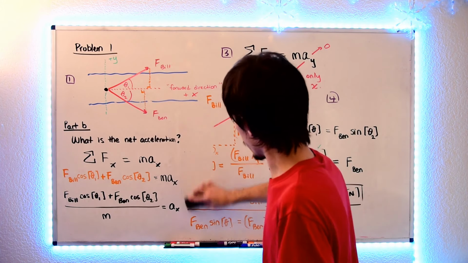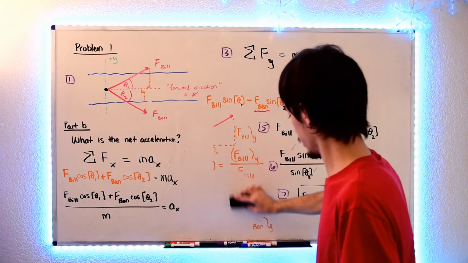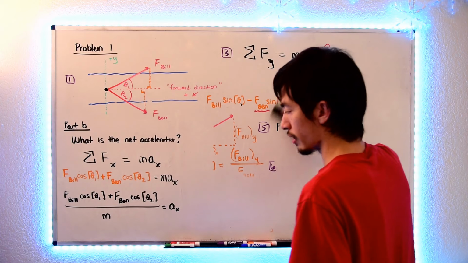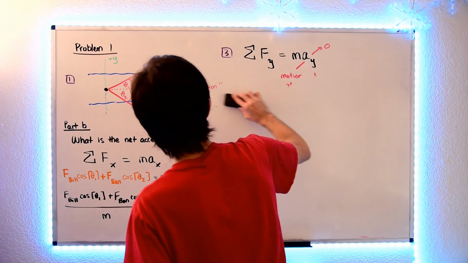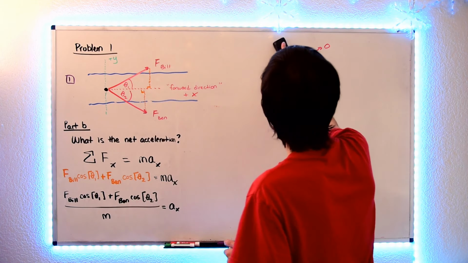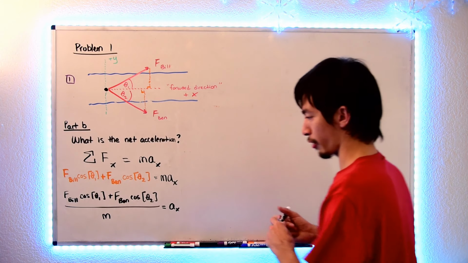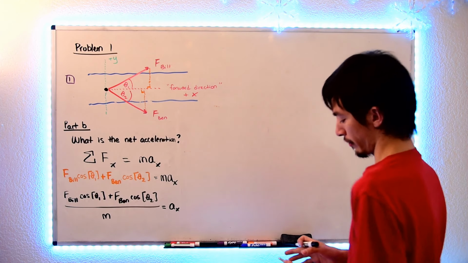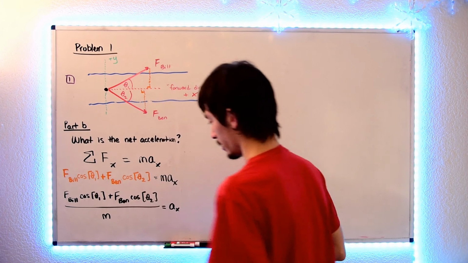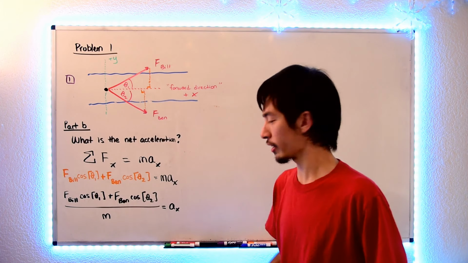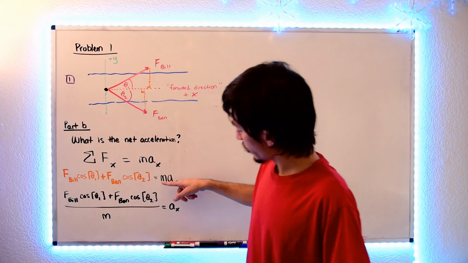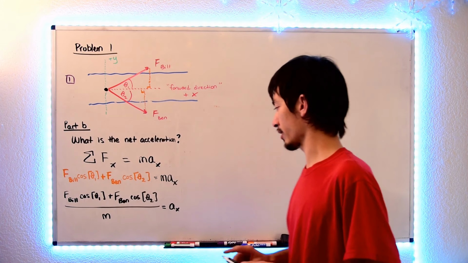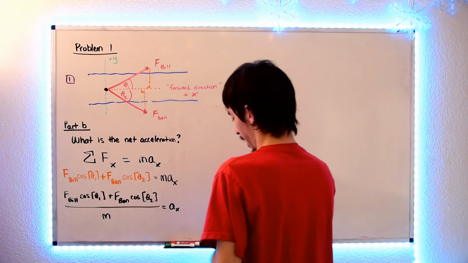Okay, let's erase this. All right, so now, hopefully it's still working. So we're solving for the acceleration, so we just need to divide off by the mass to the other side. We're going to check that we have everything.